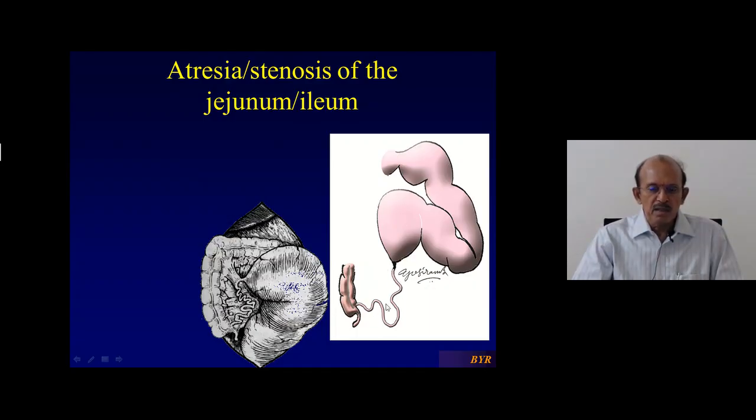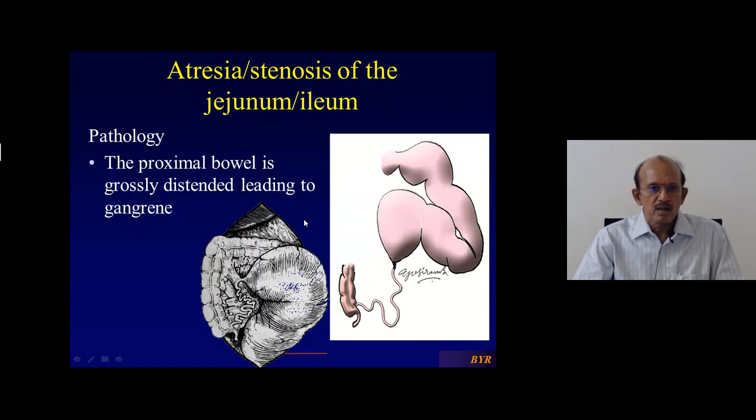So the distal part of the bowel is collapsed, including the colon. The jejunum is grossly distended. So whenever such gross distension is there, that can lead to even atonia. Sometimes there can be even gangrene. Already I told you, whenever the bowel is stretched beyond a critical point, there is a chance of undergoing gangrene.